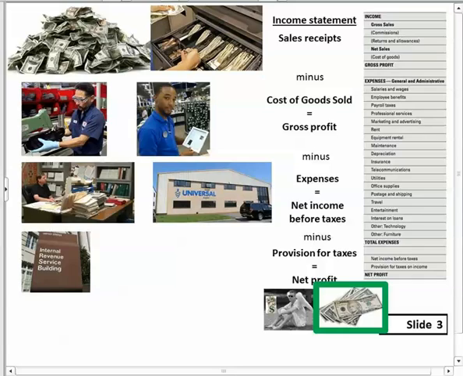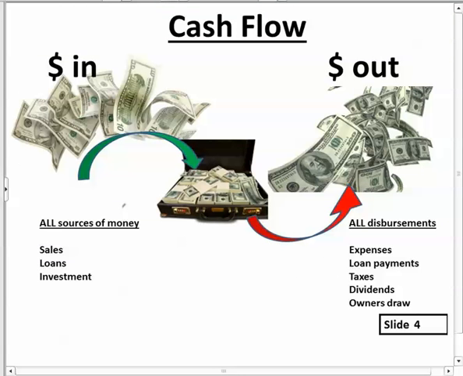Then from there, we looked at the cash flow statement. Now, the big difference with the cash flow statement is you may have other money coming into the firm other than just sales. So, for instance, you may have new money coming in from investment. You may have money coming in from loans that you've gotten, so that you have more cash to deal with whatever.